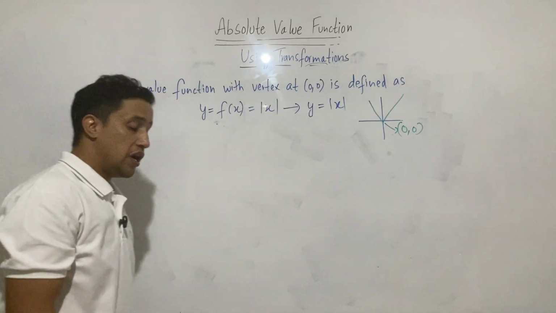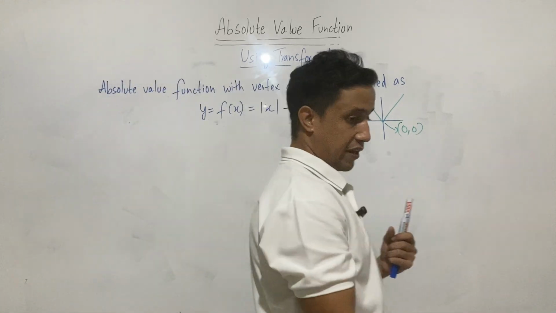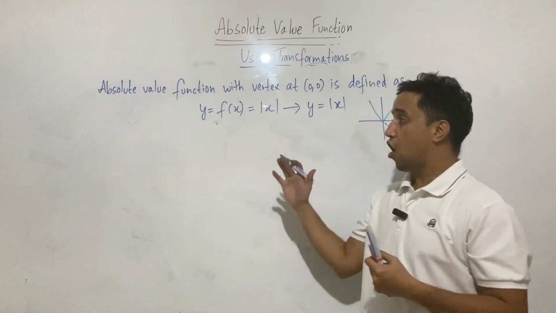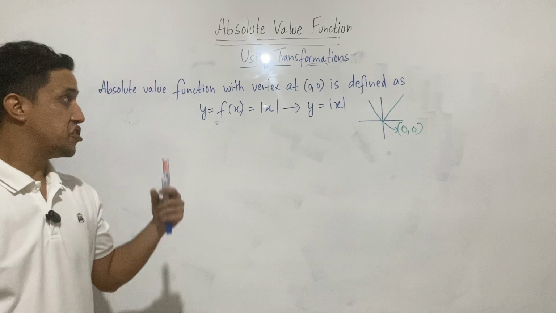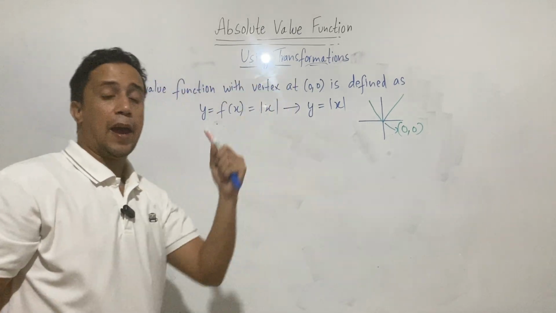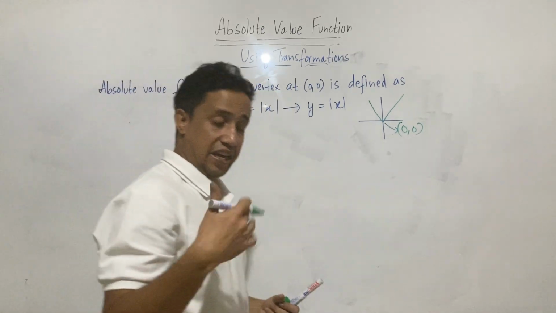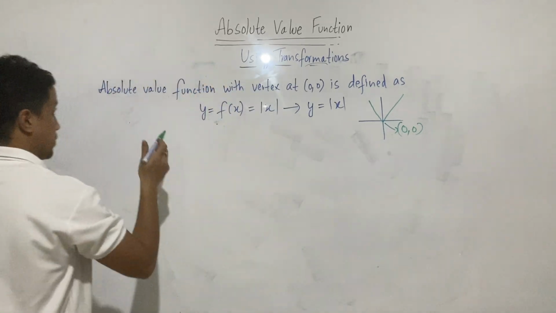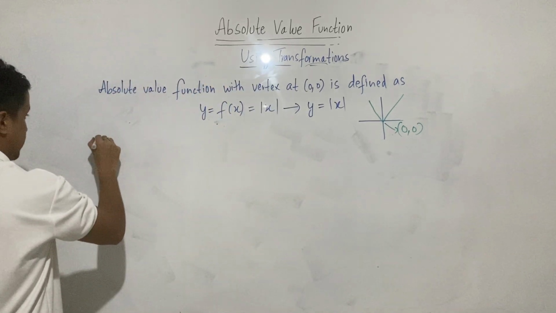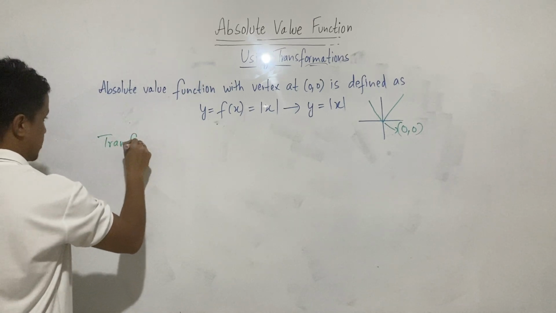If we have x coordinates positive or negative, or a y coordinate, then how is your absolute value function going to behave? That's why this concept of transformation came.